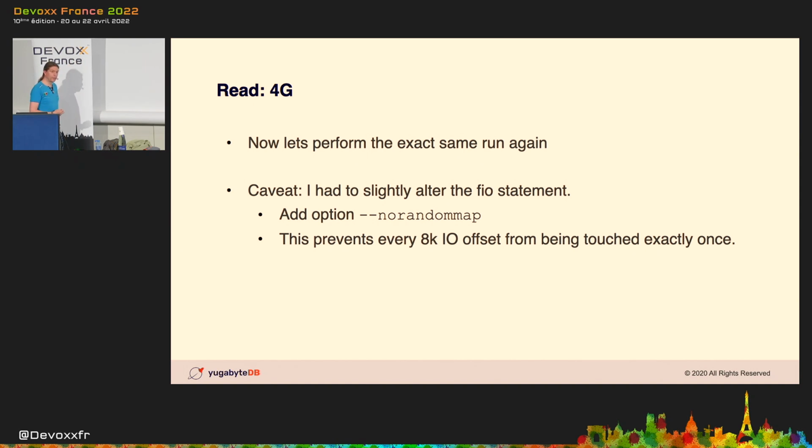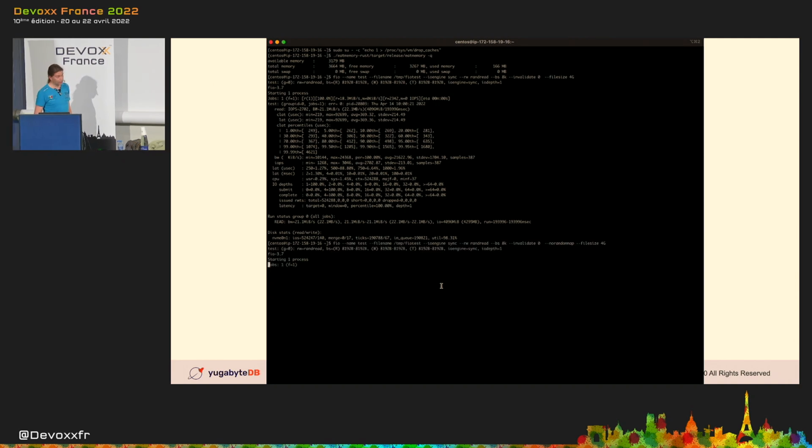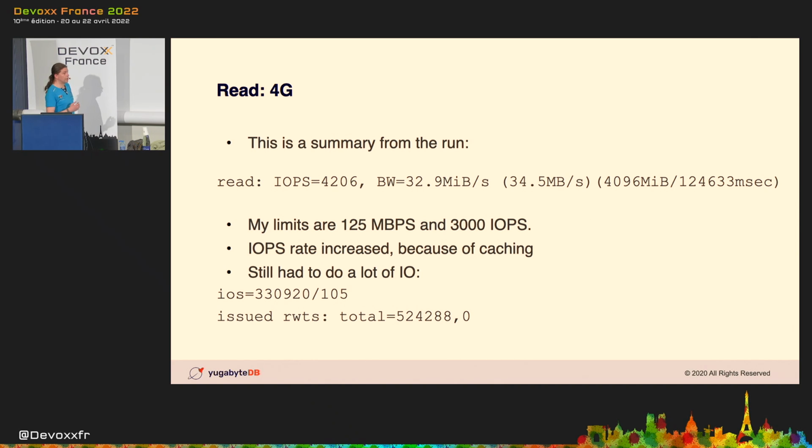By adding no random map, I think I replicate what a normal application would do, and then truly randomly and sometimes hit the same pages multiple times. So no random map. And then I got this figure. And this still takes a long time, because as soon as you have an active data set, which is the amount of data that you try to query, which is bigger than your cache, then your cache effectivity plunges.